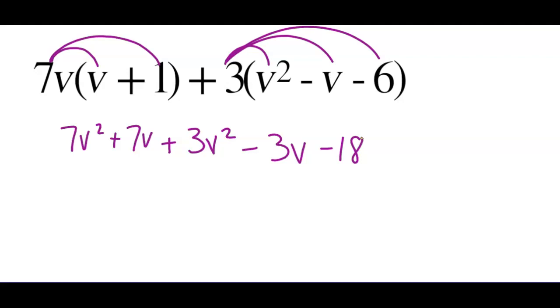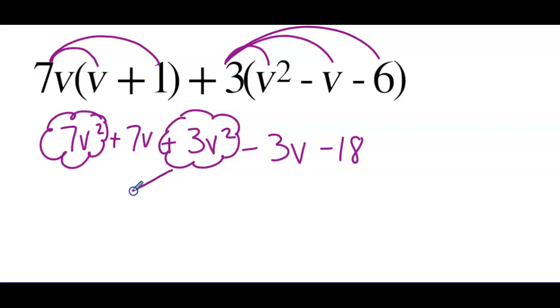So I need to look at my like terms. I've got a v squared here, and I've got a v squared here. So those combine together by addition, and I get 10v squared. Okay?